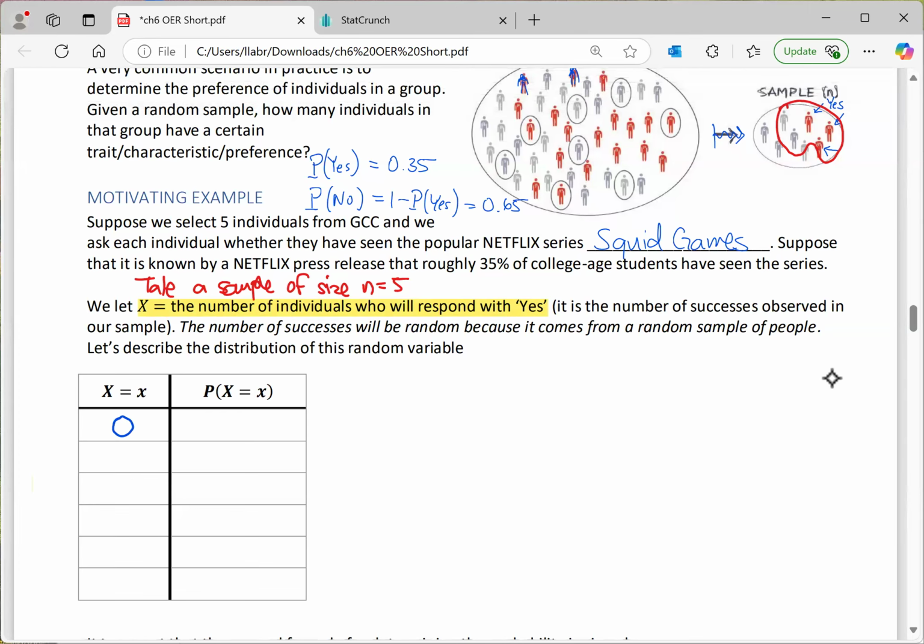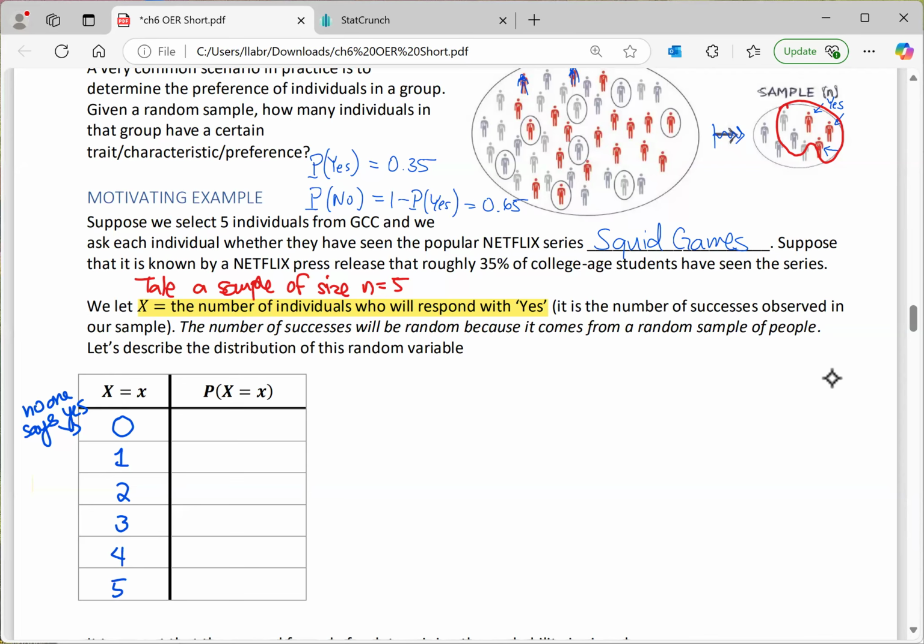That means that no one saw the show, in other words, no one says yes, they've seen the show. 1 person could have seen the show. 2 people could have seen the show. 3 people, 4, or 5. So if I'm tracking the number of successes, the potential values of my random variable are always going to be from 0 all the way up to the sample size, because then the whole group could respond with yes.